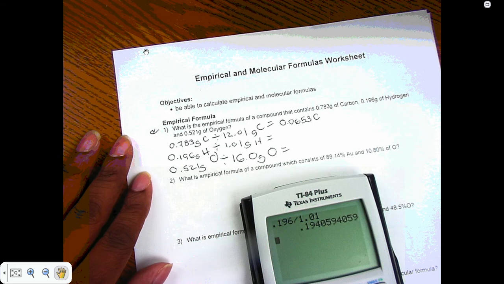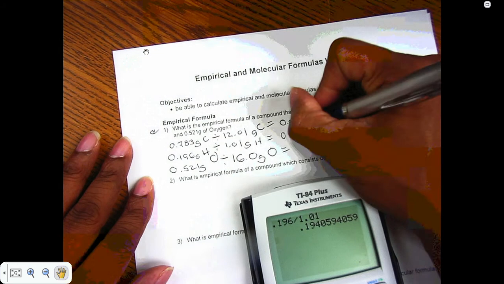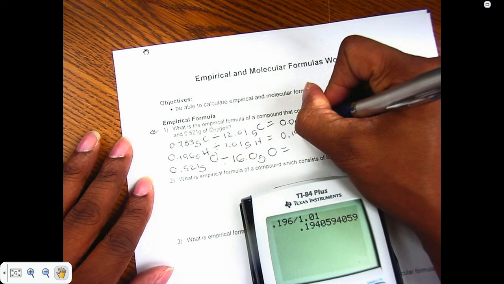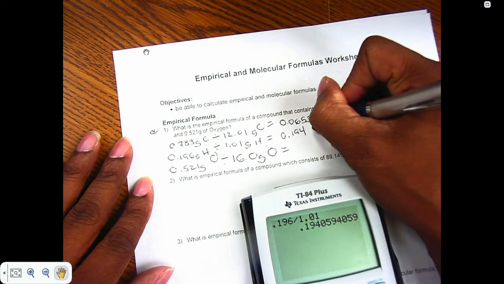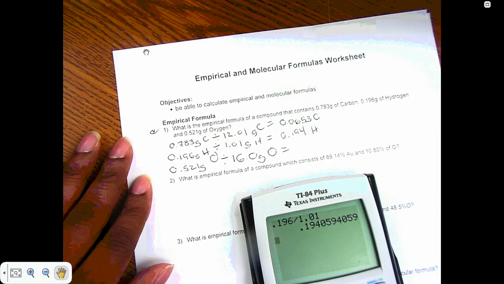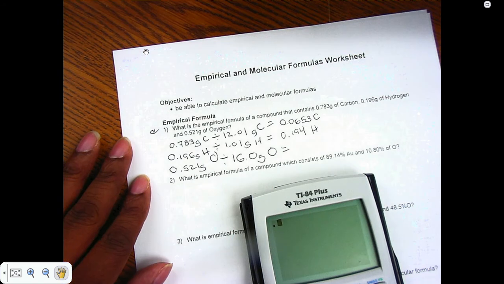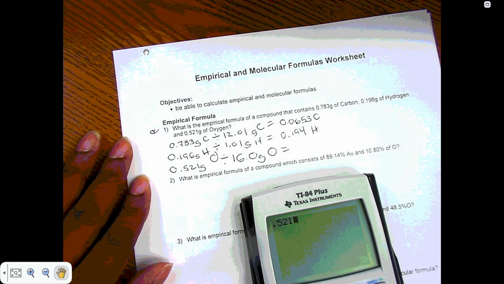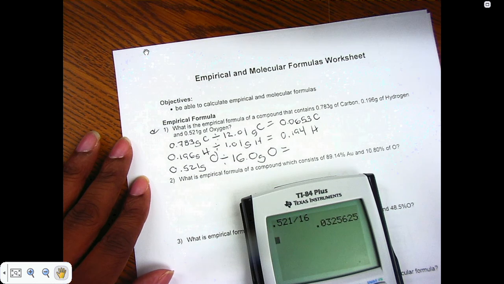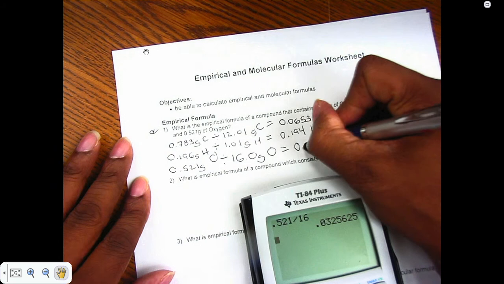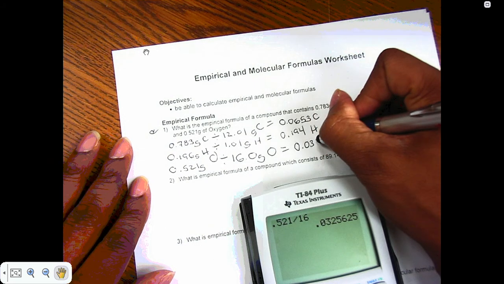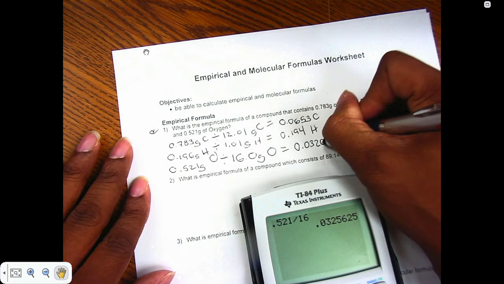That yields 0.194 for the hydrogen. And lastly, but certainly not least, 0.521 divided by 16 yields 0.0326 for oxygen.